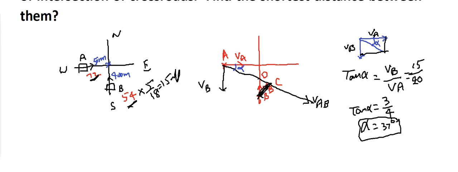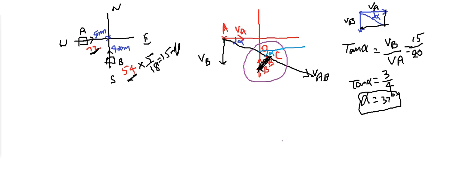So if I draw a line parallel to east-west, automatically this becomes alpha. So here, if I enlarge only this part, just I am interested in enlarging this part only. Okay, let us take the point D. This is point D. This is the horizontal line.